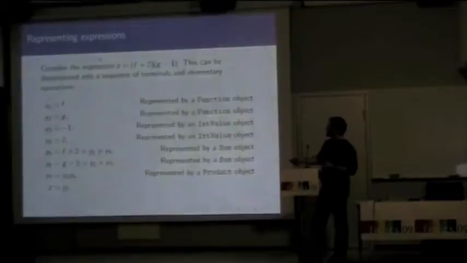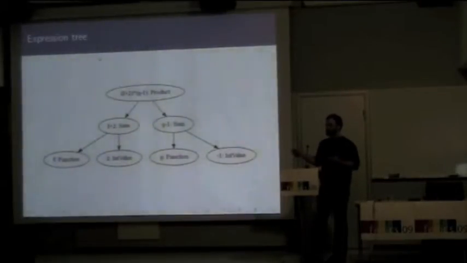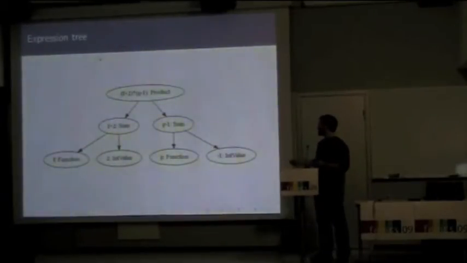So the representation of this expression will include two function instances, two int value instances, two sum instances, and a product. And visualized as a tree, it looks like this.